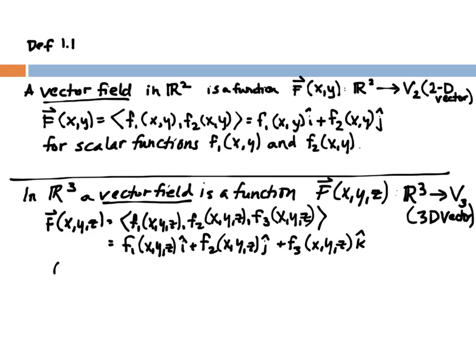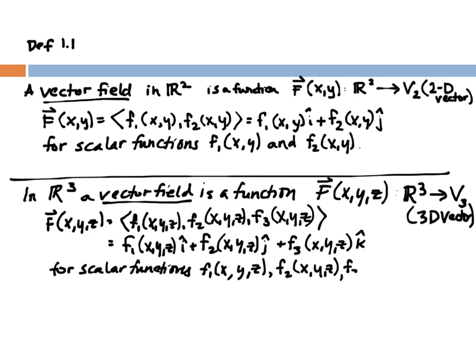And just like on the last one, this is for scalar functions f1 of (x, y, z), f2 of (x, y, z), and now also f3 of (x, y, z).